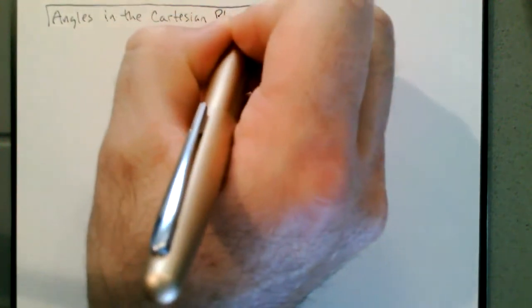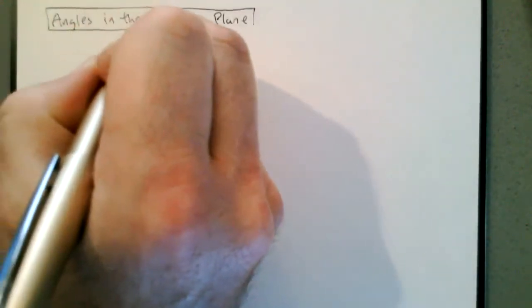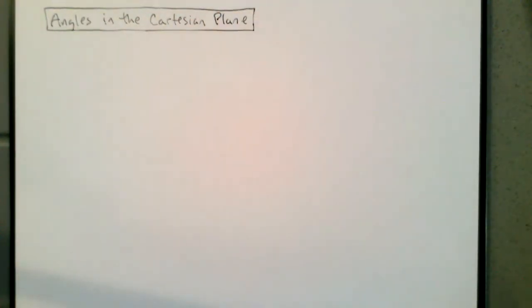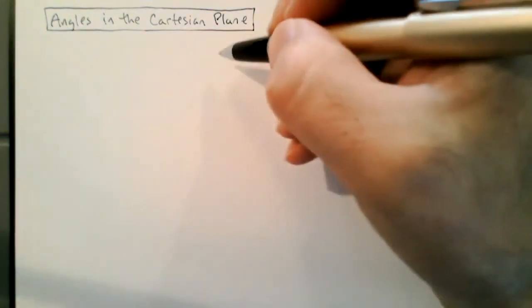I'm going to use the title of this section, Angles in the Cartesian Plane. The Cartesian plane is just the x, y coordinates that we're familiar with, so let's draw some x and y coordinates.